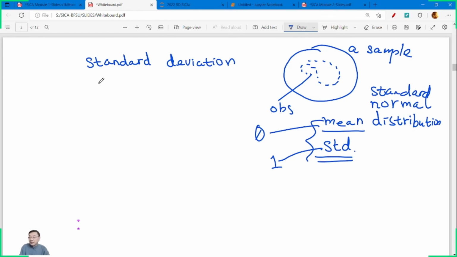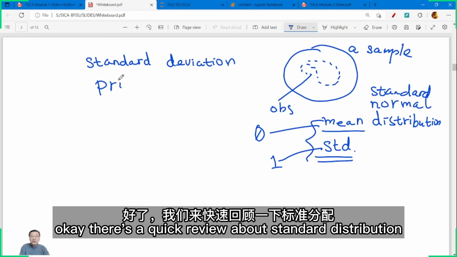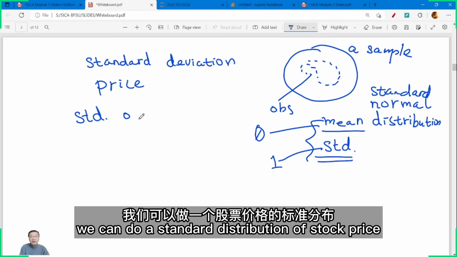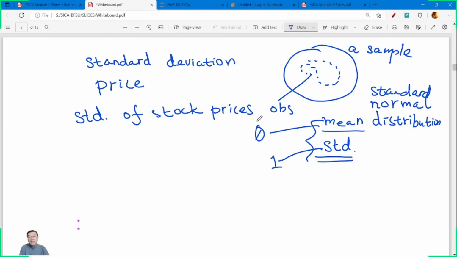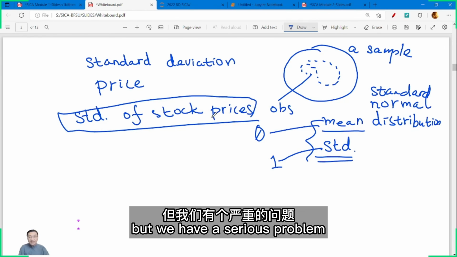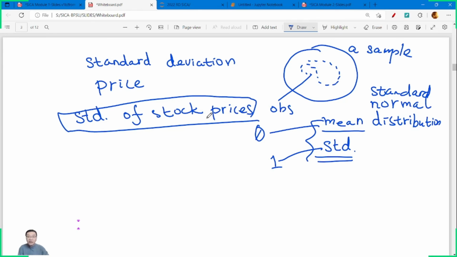Now, in order to measure the risk of stock price, we can do a standard deviation of stock price. That's pretty easy, but we have a serious problem. What is the serious problem? I'll explain after our break. Now let's have a 10 minute break. See you after 10 minutes.